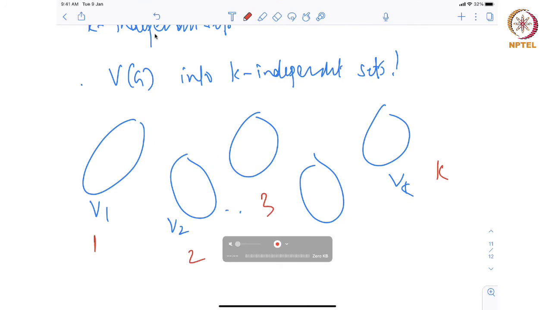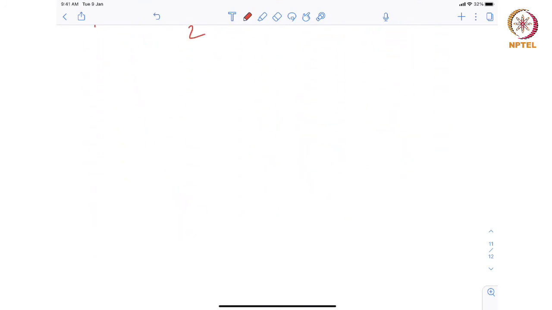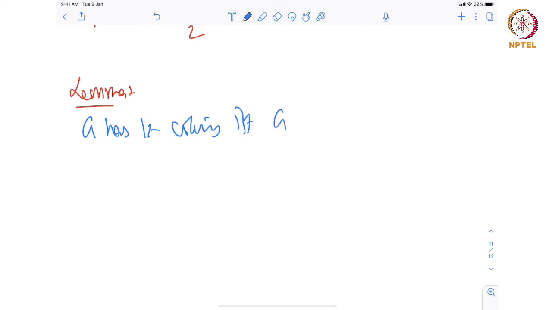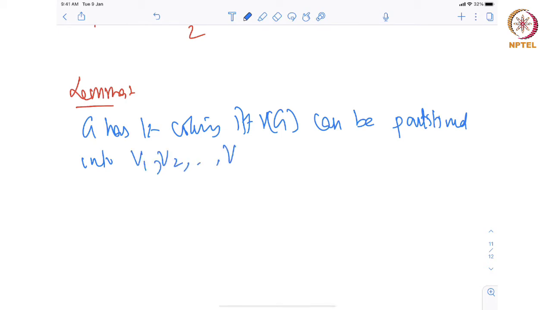So now, what are we able to prove? We are able to prove the following lemma: G has a k coloring if and only if V of G can be partitioned into V1, V2, up to Vk such that each Vi is an independent set.